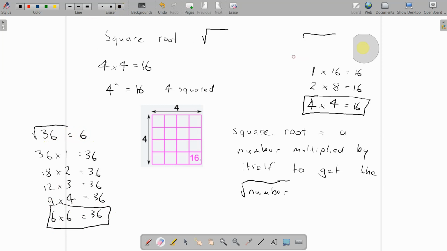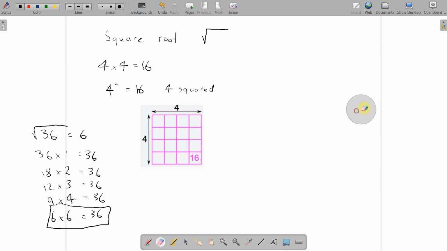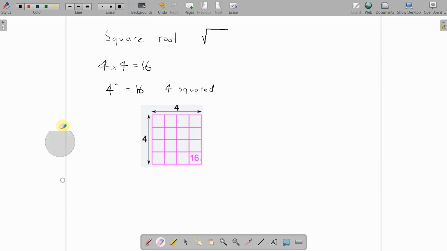Let's get rid of some of this and do another couple of examples. 2 more examples. Square root of 64. Okay, let's see if we can find it. 64 times 1. Can we do times 2? Yes. 32 times 2.